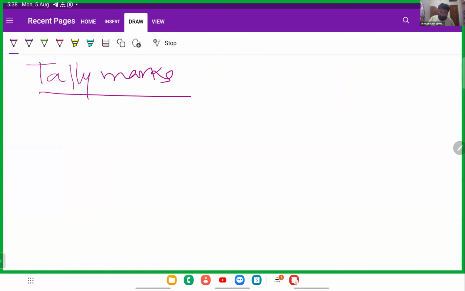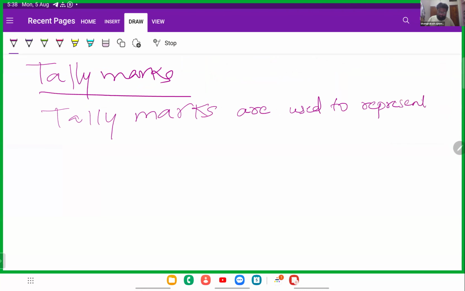Write down. Tally marks. Make a note of this. Tally marks are used to represent and count data.